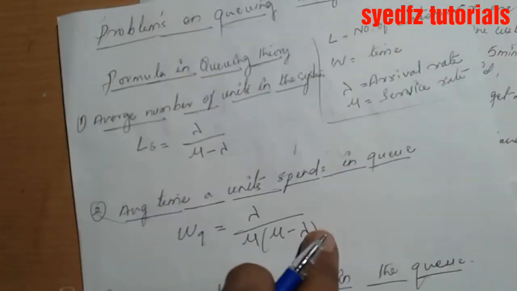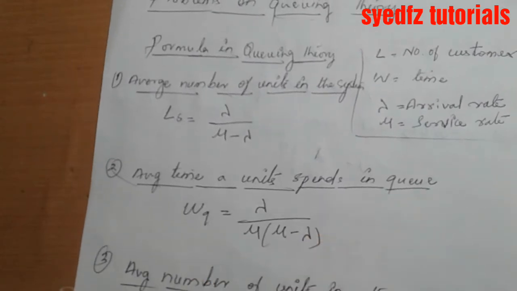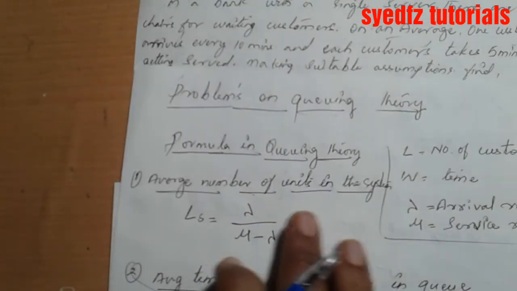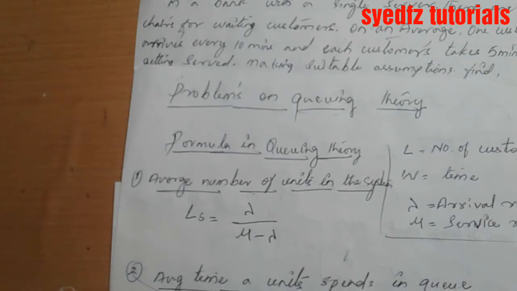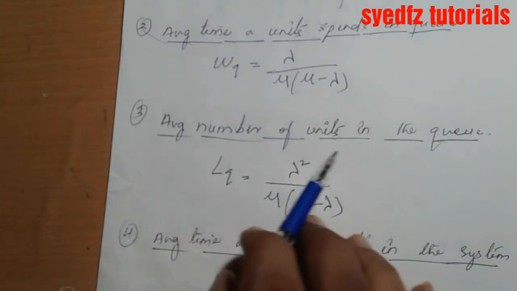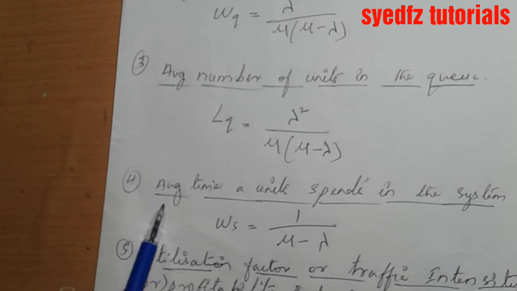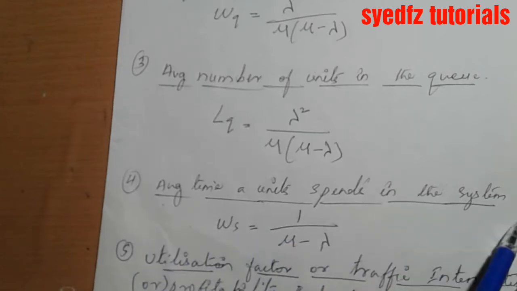Average time a unit spent in a queue. Okay, waiting time. The average number of units in the system is also given, and the average number of units in the queue is not there. Average time a unit spent in the system, waiting time.